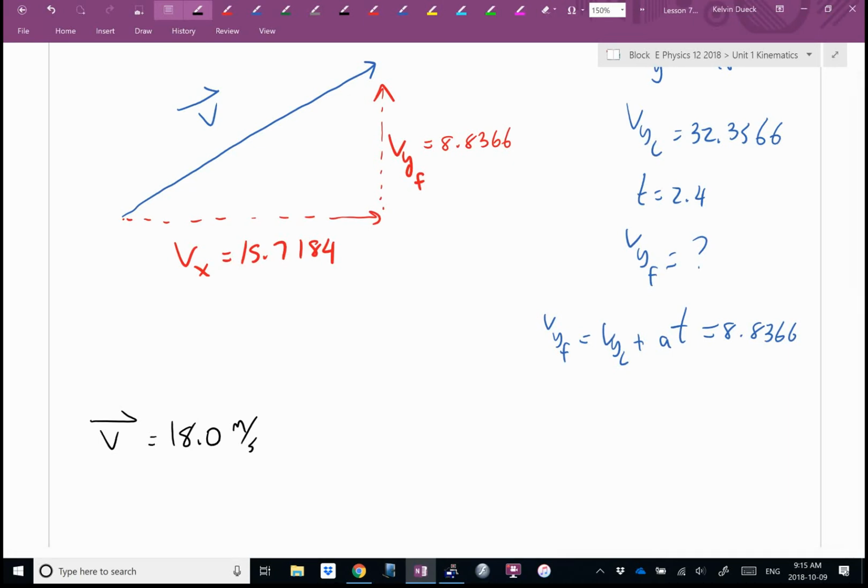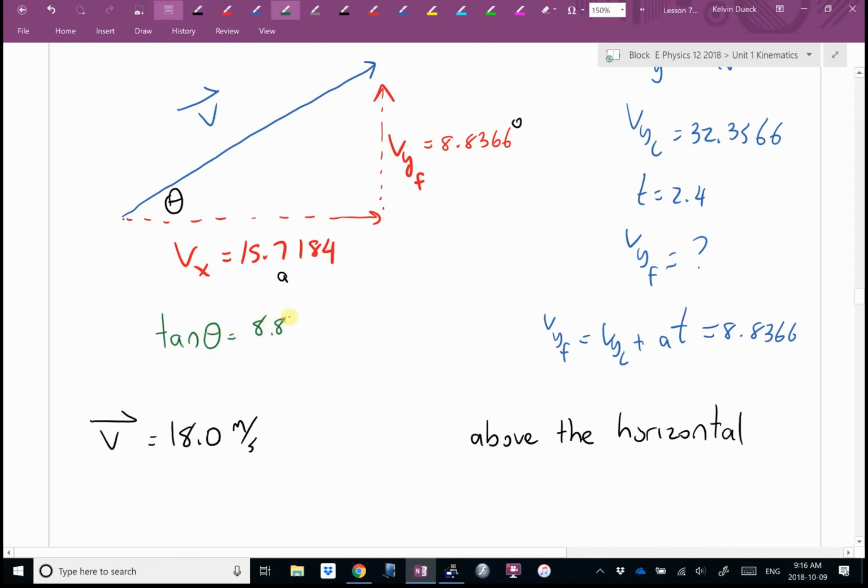Where will the theta be? Bottom left or top right? Bottom left. And we're going to call this above the horizontal as opposed to below the horizontal. And lo and behold, I think I can use tan again. I think I'll end up with tan theta equals 8.8366 over 15.7184.